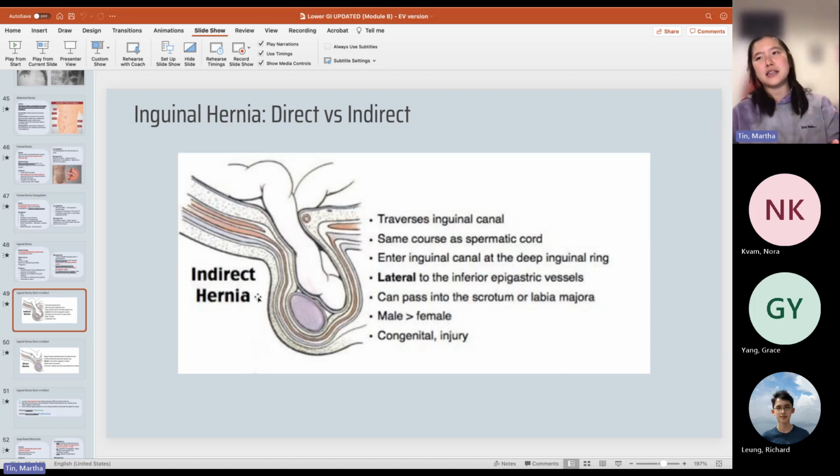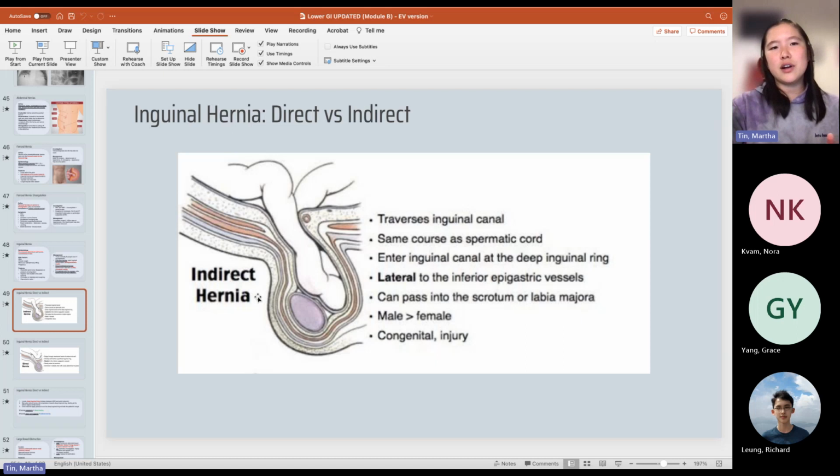In this case, it can actually descend to the scrotum and has a high risk of strangulation. So on PastMed, if you see a young boy with a hernia in the scrotum, it's more likely to be an indirect inguinal hernia, essentially.